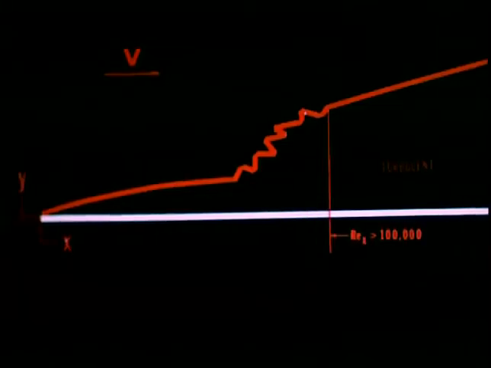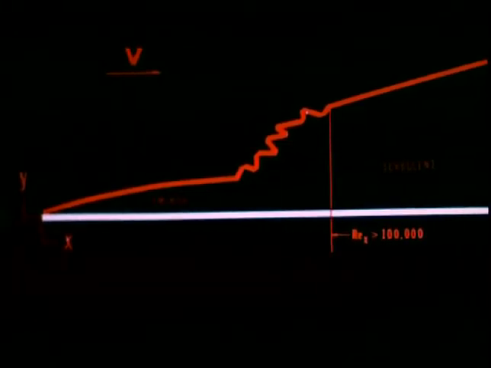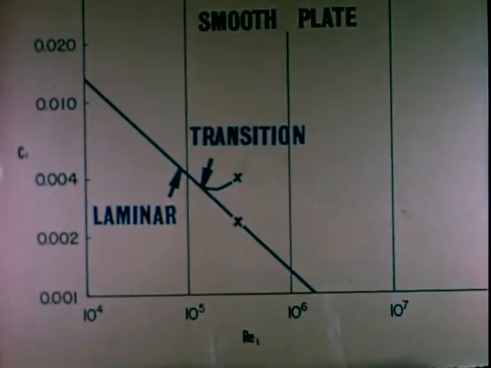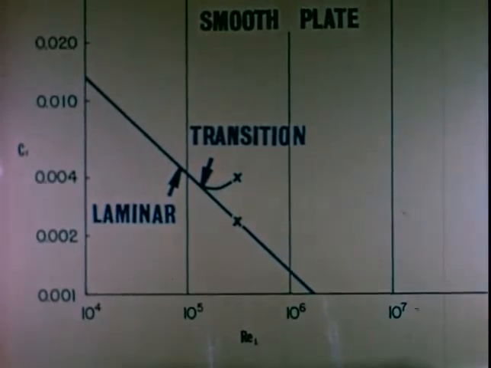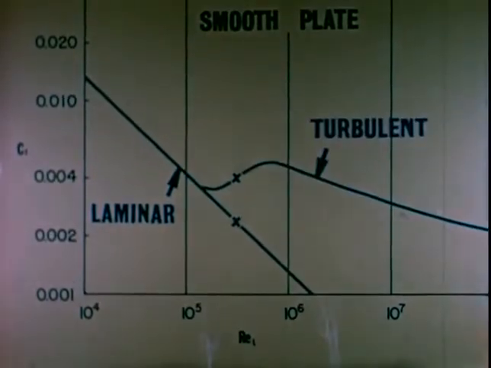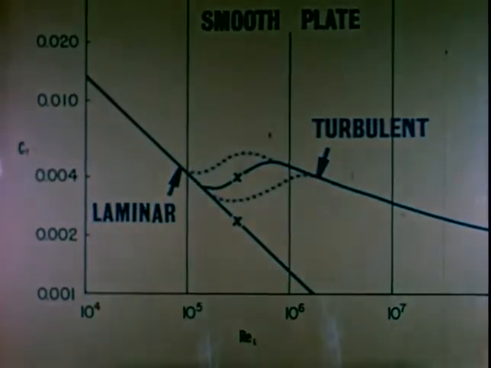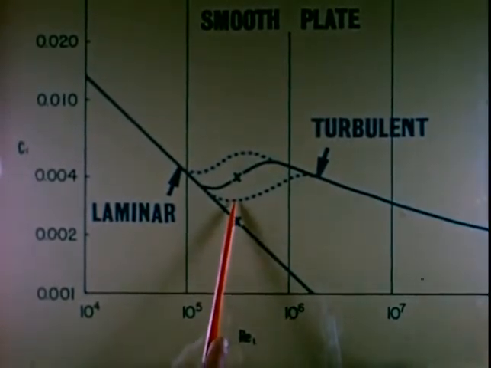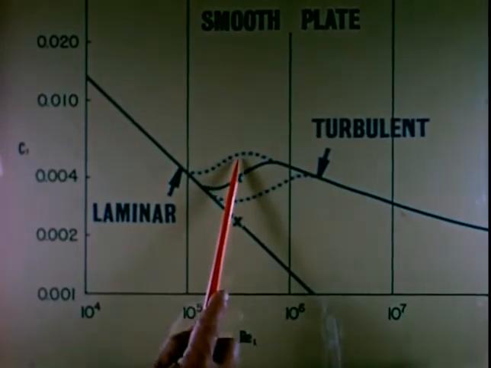Since the boundary layer near the leading edge of a plate is laminar all of the time, the integrated drag on the plate is made up partly of laminar and partly of turbulent friction after the boundary layer becomes turbulent. Because transition depends on the disturbances that are present, there may be more than one value of the skin friction coefficient for a given Reynolds number.